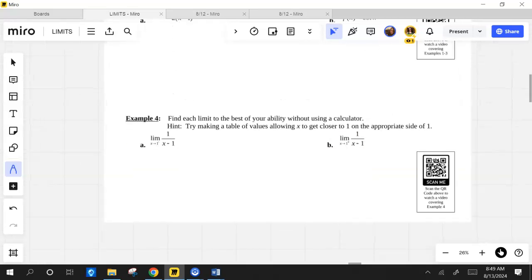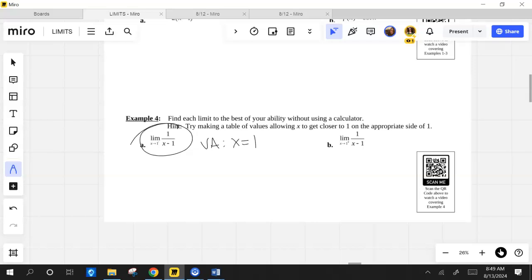What I do want to go to is example 4 for just a second, because we kind of talked about this just a minute ago. I think Logan was the one that got the infinity wrong here. But if I want to know which way my graph is going, maybe I don't have a calculator on this, and I want to know the limit. I know there's a vertical asymptote. We all agree that there's a vertical asymptote at 1.